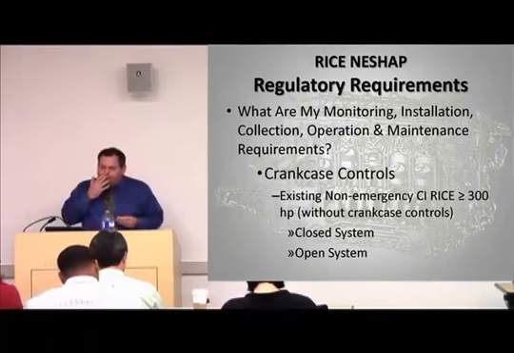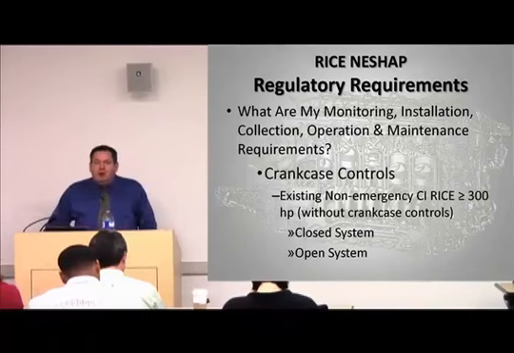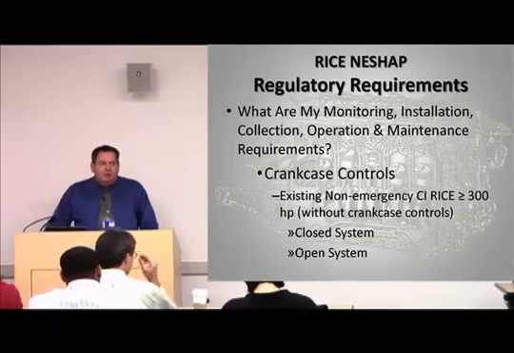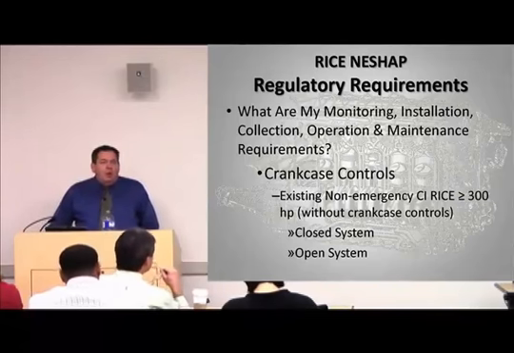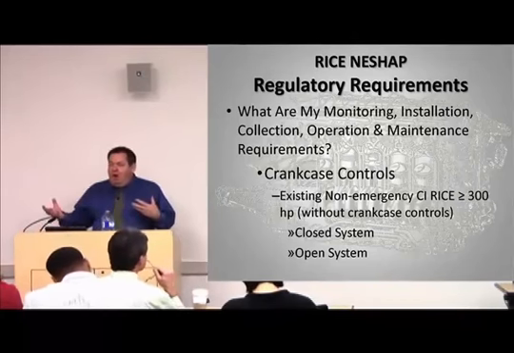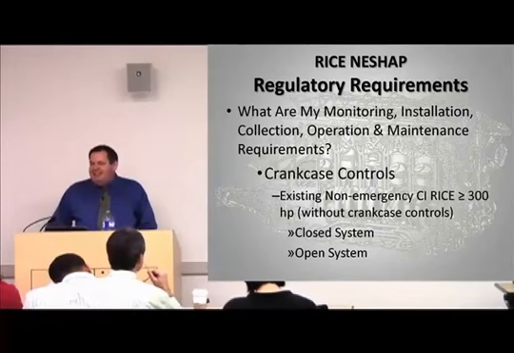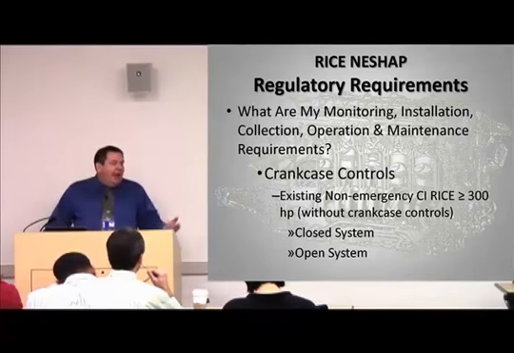Crankcase controls. So I talked to you earlier about how engine oil gets contaminated because a certain amount of the exhaust gases in the combustion chamber seep past the piston rings and go into the crankcase, get mixed with the oil. Well, here's the thing. All engines do this. Way back, I think in probably 1964, for your automobile engines out there, they were all vented to the atmosphere.